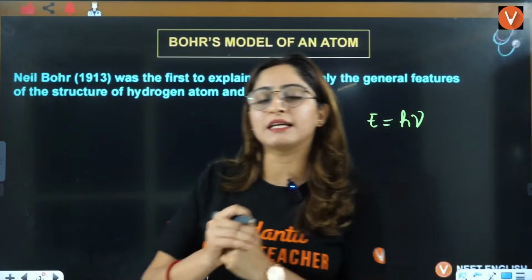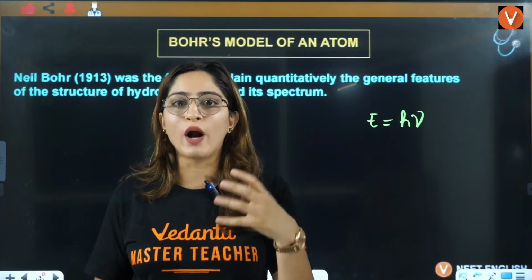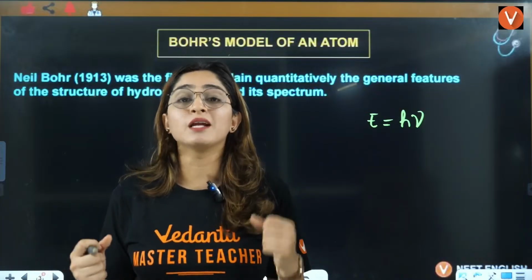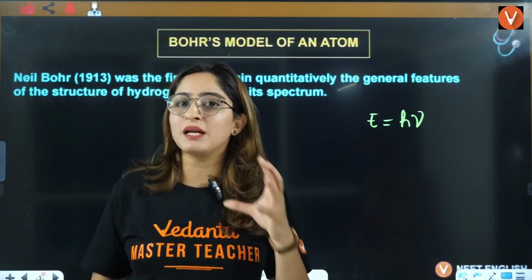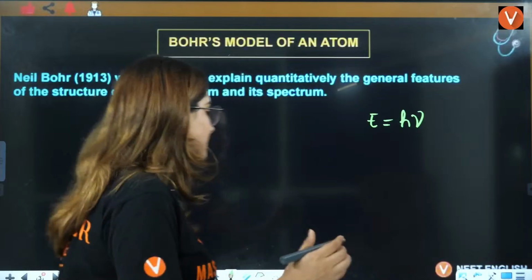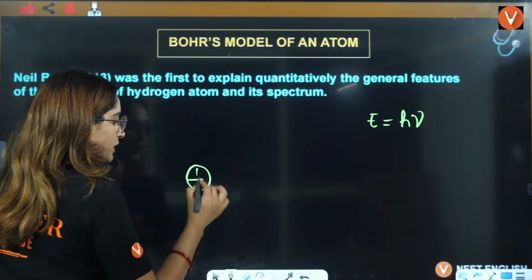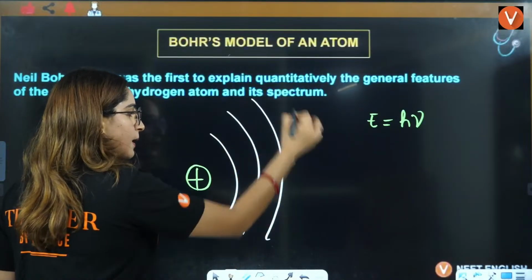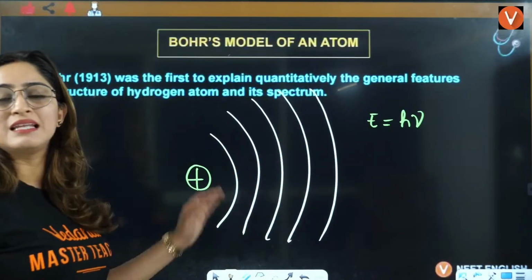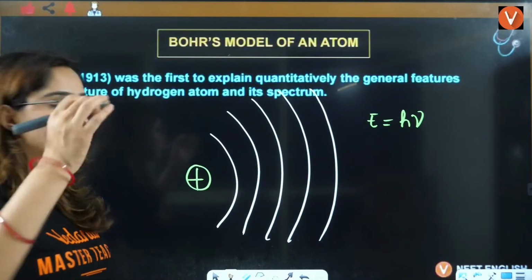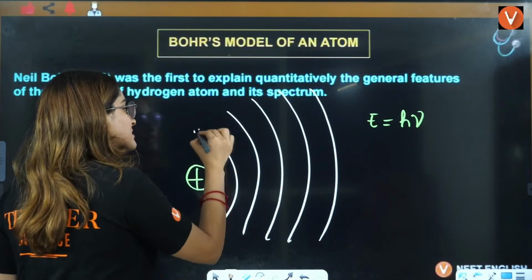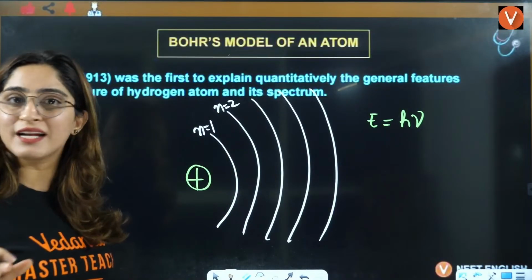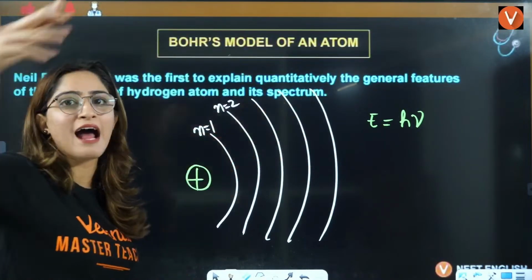He said that just like everything exists in quanta, in packets, in a similar pattern, let's say this is the nucleus, and these are the orbits. This is n equals 1, this is n equals 2. He said it's not like electrons are revolving randomly.